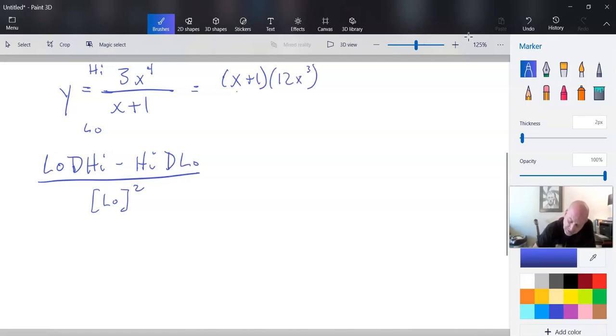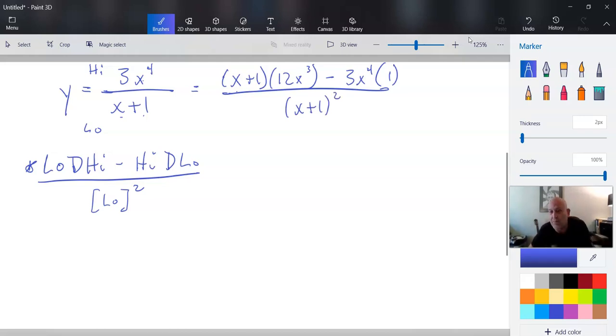Okay, so that's low D high. So that's for this part. Minus high, which is 3x to the fourth, D low. Now, if I take the derivative of the denominator, derivative of 1 is 0, derivative of x is 1. So that's just times 1 over the square of what's below.